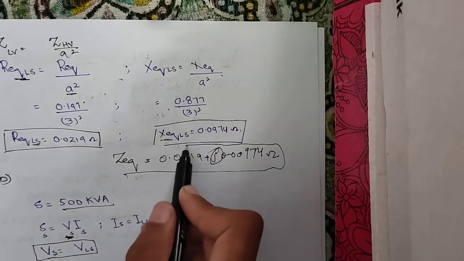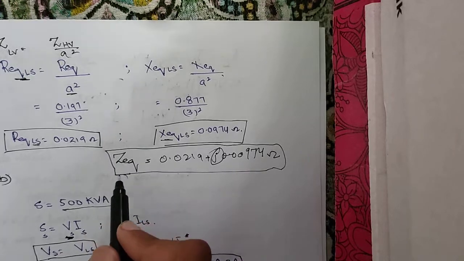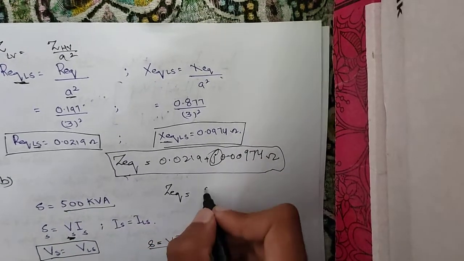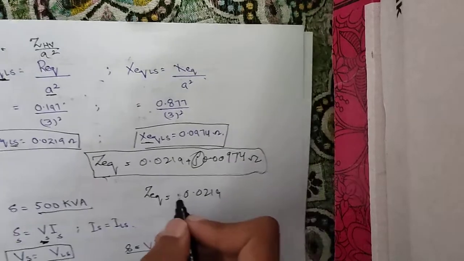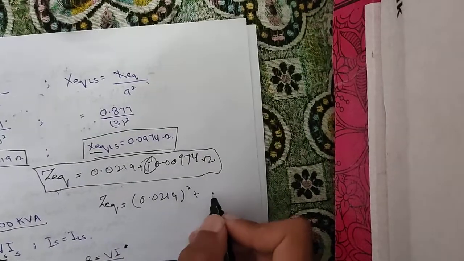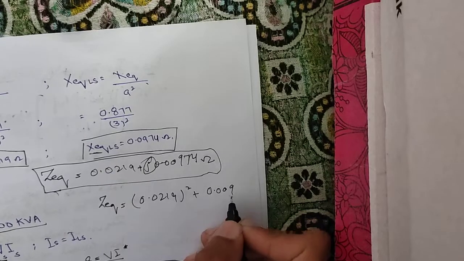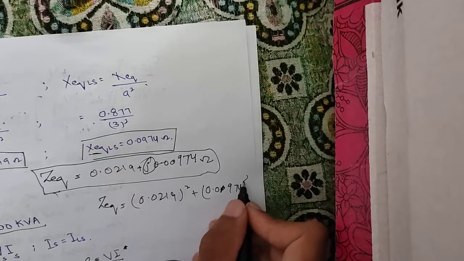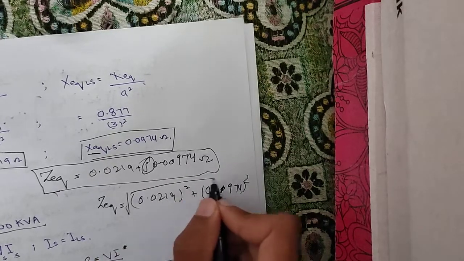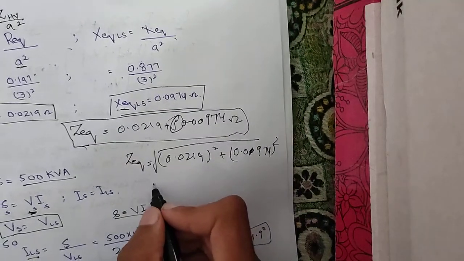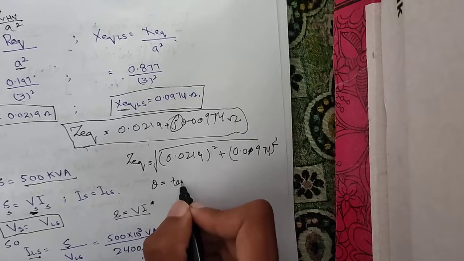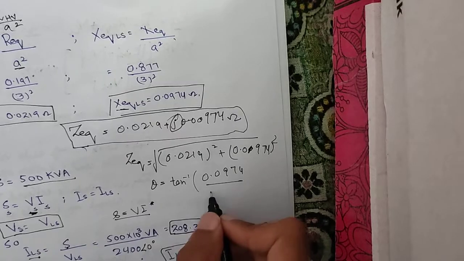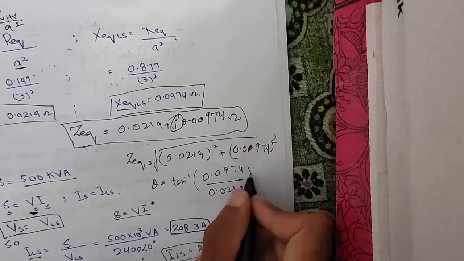We have calculated this impedance using a calculator, which can be calculated as the square root of 0.0219 square plus 0.00974 square, and for its phase we can write tan inverse of 0.00974 divided by 0.0219.